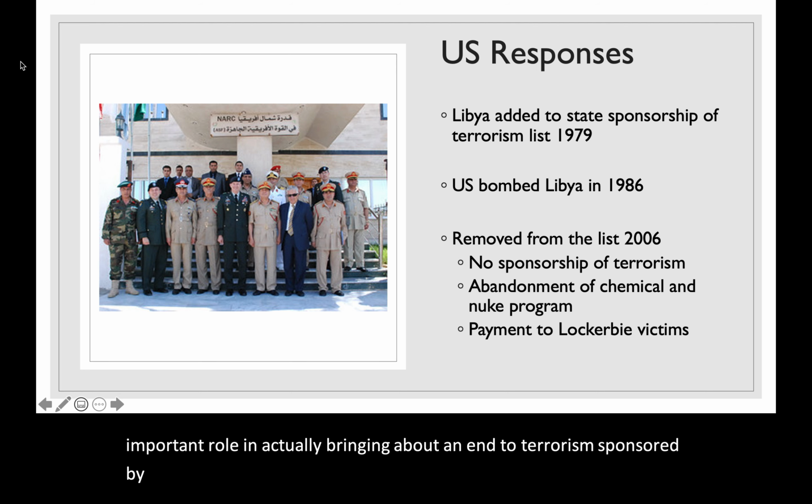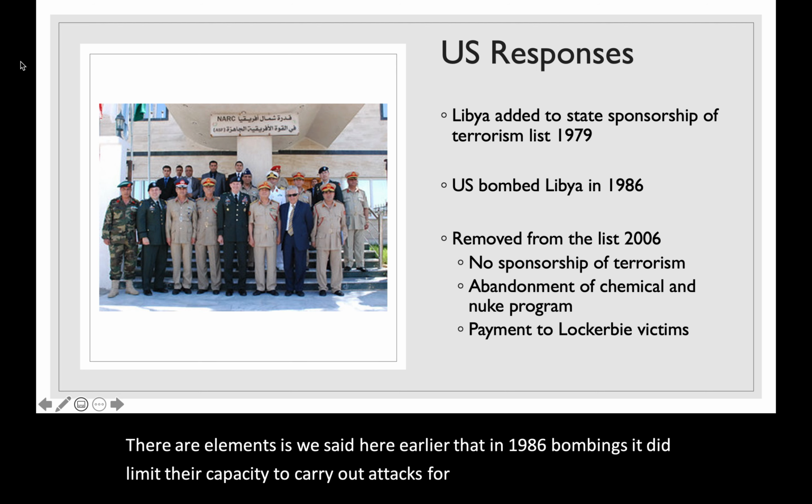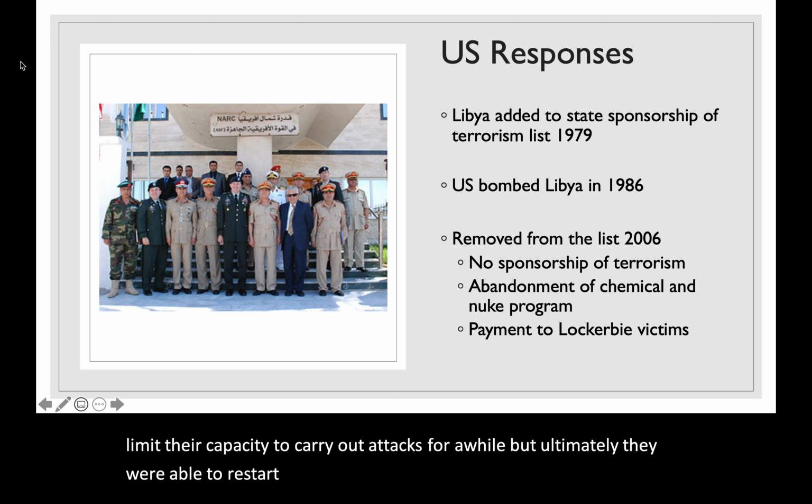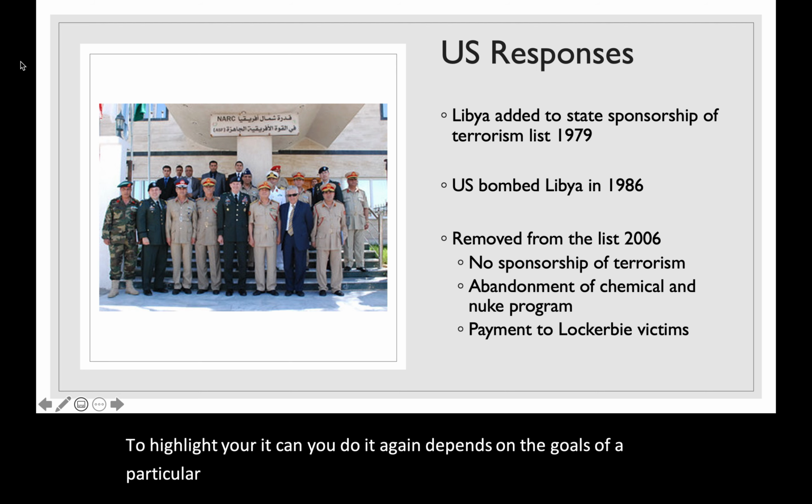And so there are elements, as we said earlier, that the 1986 bombings did limit their capacity to carry out attacks for a while, but ultimately they were able to restart. But to highlight here, it again depends on the goals of a particular government when they're trying to stop terrorist activity.